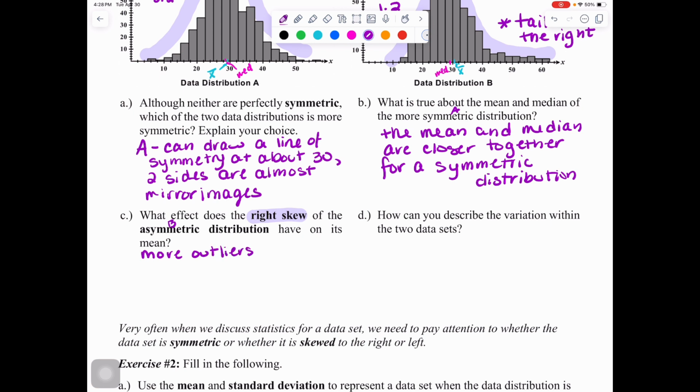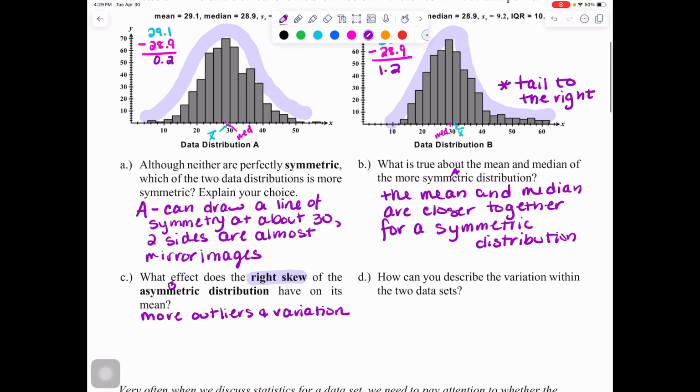Remember, outliers you can calculate with the formula on your formula sheet to see if you're more than that away, either to the right or to the left, if you're an outlier. And when you have a tail like that, there's going to be a lot more outliers than there would be in a symmetric distribution. And that means it's going to make more variation. There's going to be more differences among your data. So more outliers and variation. And what's going to happen to the mean and the median is exactly what happened.